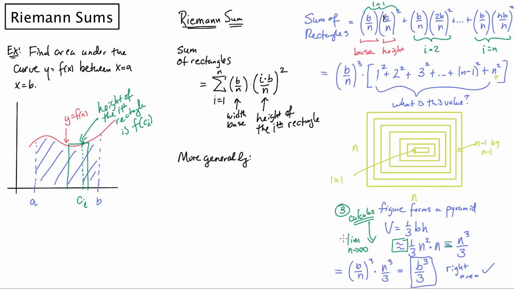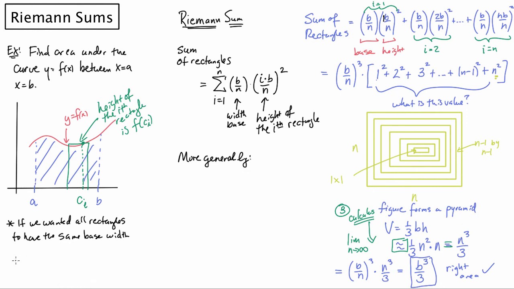Under this picture, the idea is the width of the rectangles. So if we wanted all rectangles to have the same base, it was b over n for all of them on the previous problem.